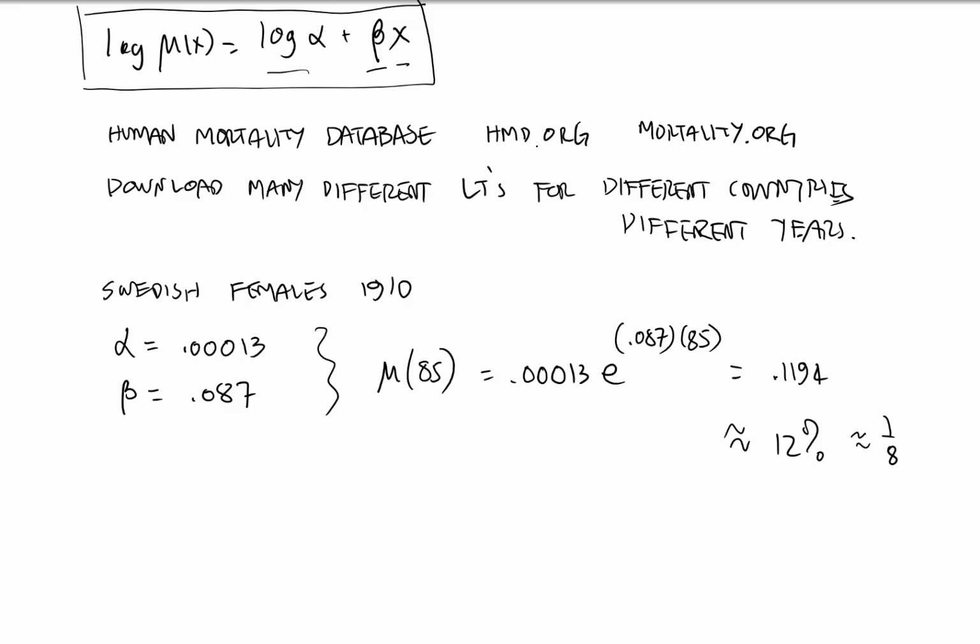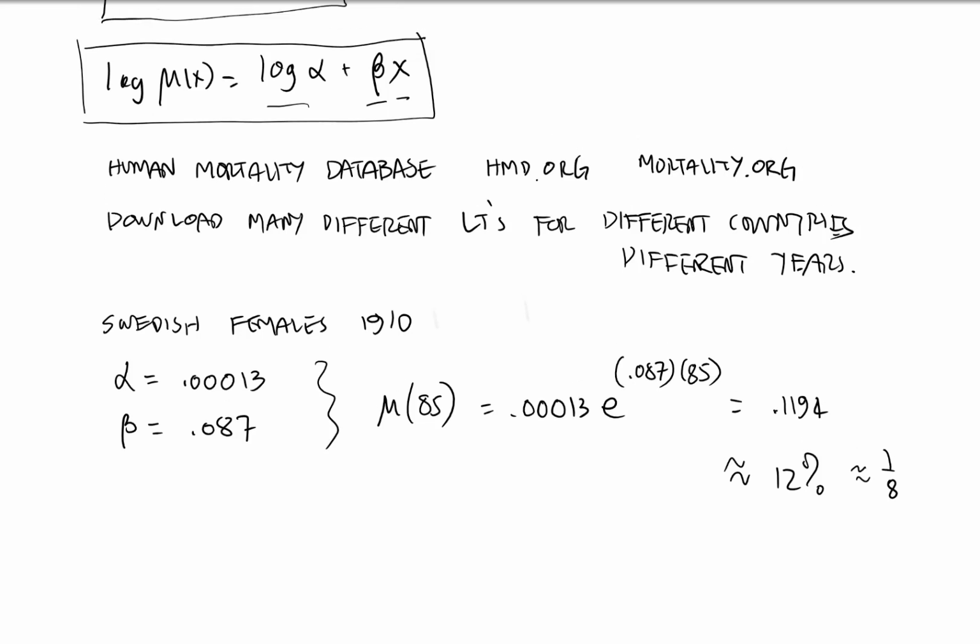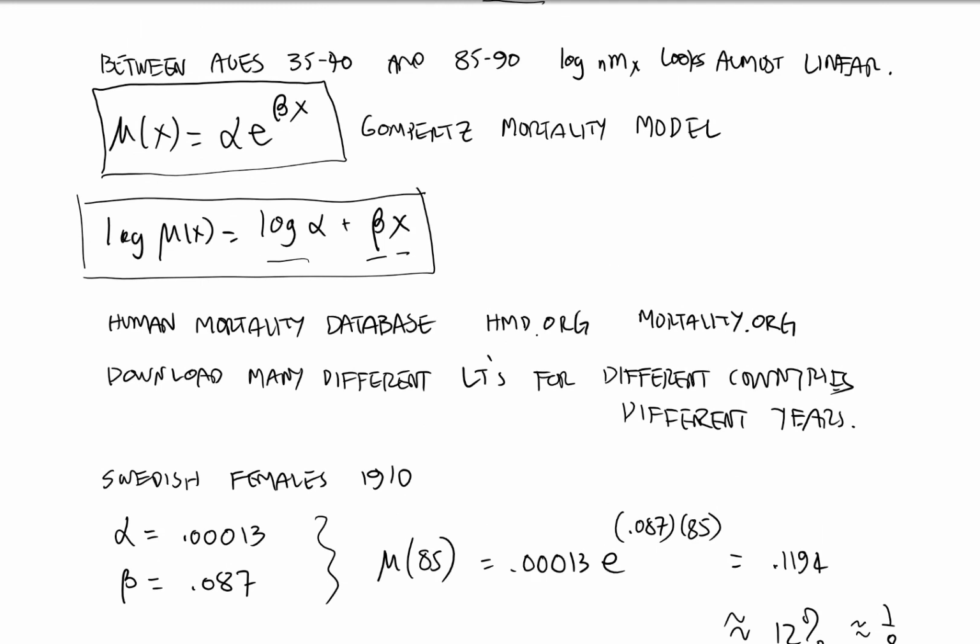So you can do that for other years. You can download a life table from HMD, from the Human Mortality Database, and then take the log of that mortality rate and do a regression on it over x, and then you can calculate what log alpha and beta are.